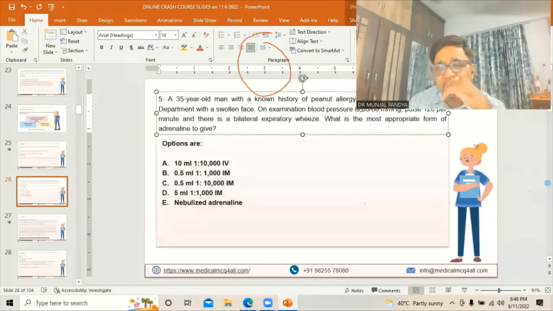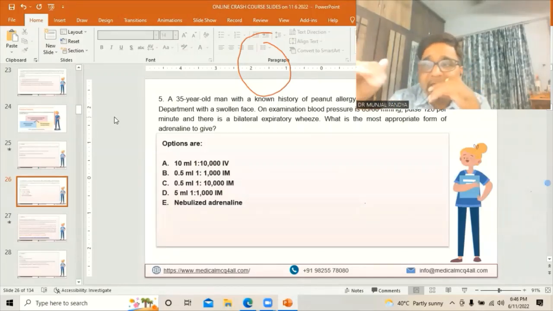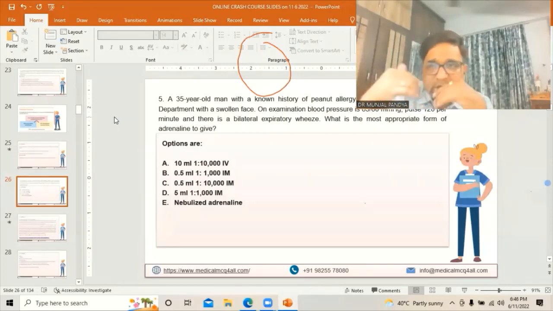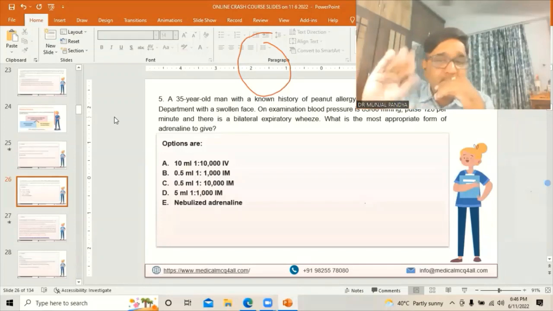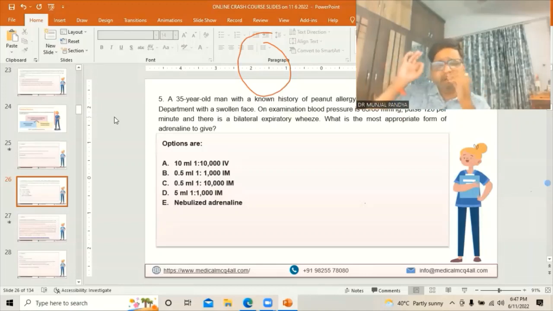So in your clinical practice or in your emergency room, any patient who comes with blood pressure less than 90, consider there is some kind of shock. Then differentiate hypovolemic shock, hemorrhagic shock, anaphylactic shock, cardiogenic shock, septic shock. Which shock is the second story, but first you identify shock. Why anaphylactic? Because of the second thing.